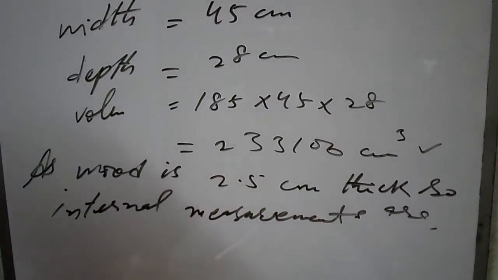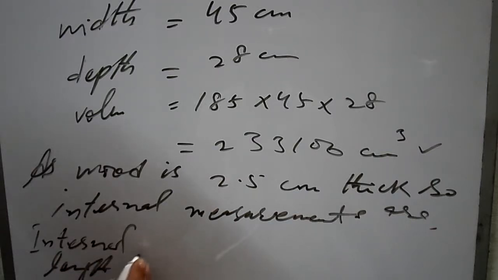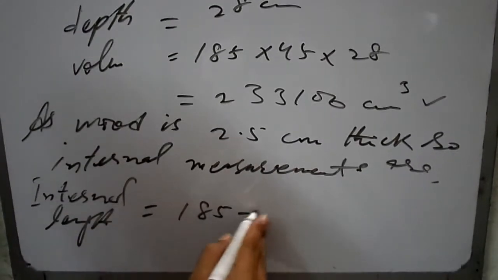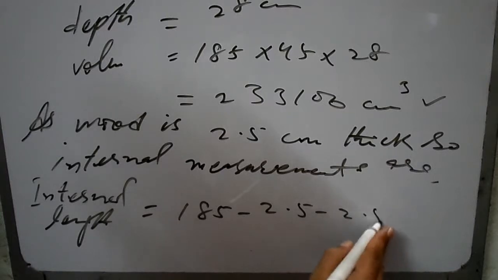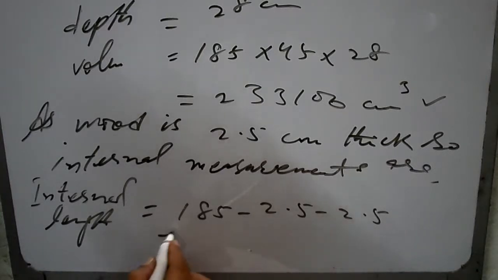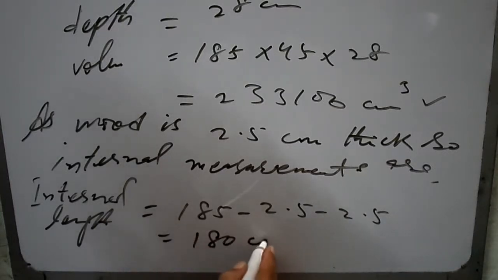Internal length is 185 minus 2.5 minus 2.5, we have to subtract on both sides, so you will get 180 centimeters.